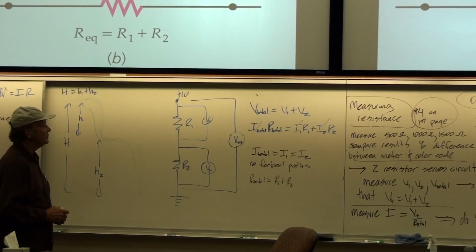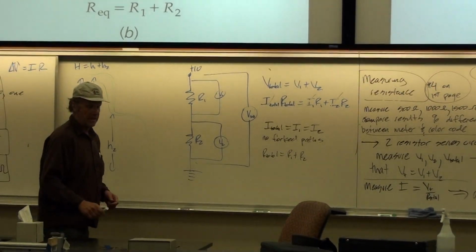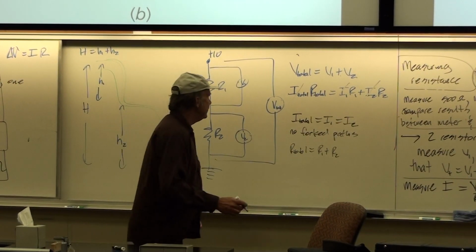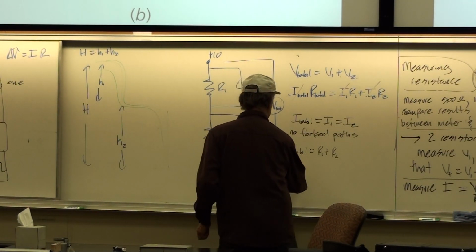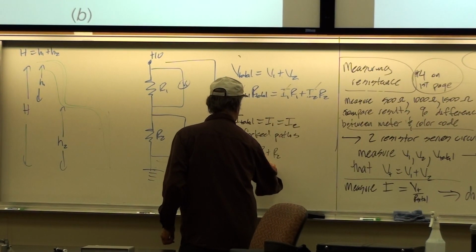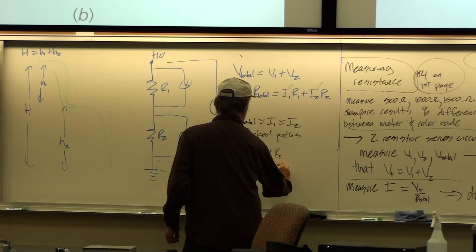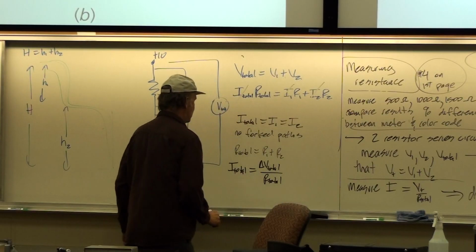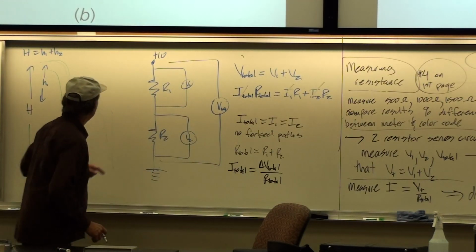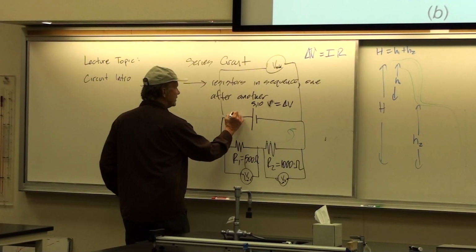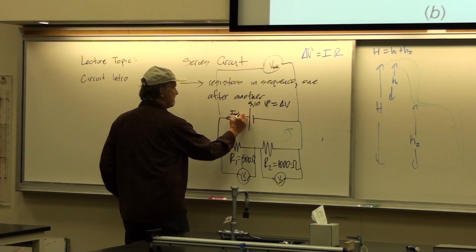Okay, and so those are the main relationships. Then we could find, if we wanted to, we could say that I total is equal to V total divided by R total. But once we have the total current, so what does that mean? Well, here before it gets to any resistance, we call that I total.